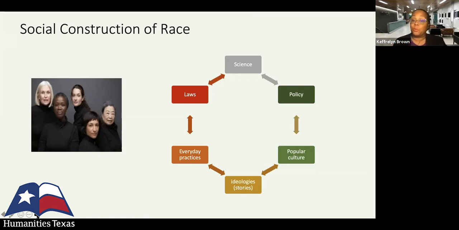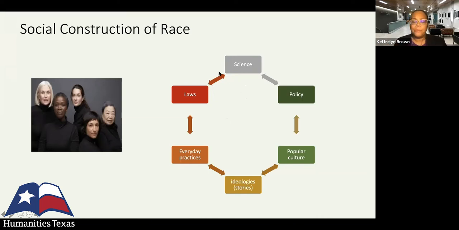We understand race through scientific practices that were put in place, scientists who were attempting to show or illuminate that there are racial differences. We had laws in place that prohibited people from doing certain things based on their race. We have policies that were put in place that helped us to understand race. Policies on immigration, who could be a citizen, all of those kinds of things were racialized.